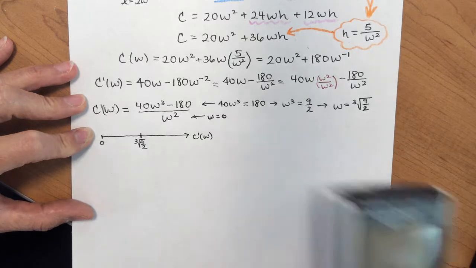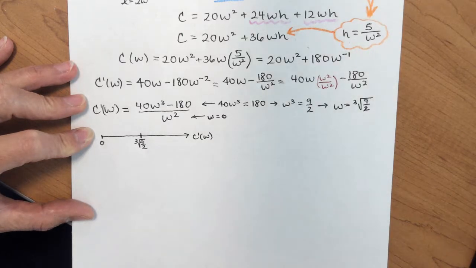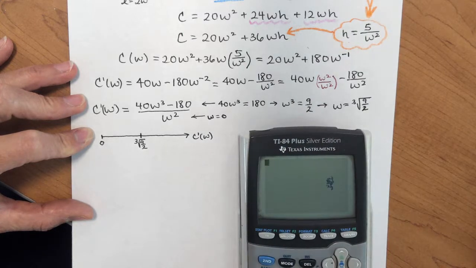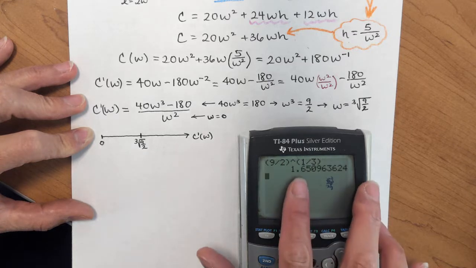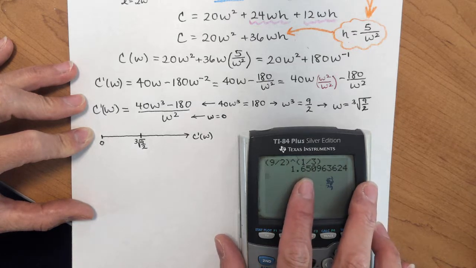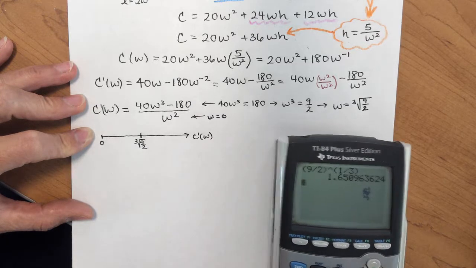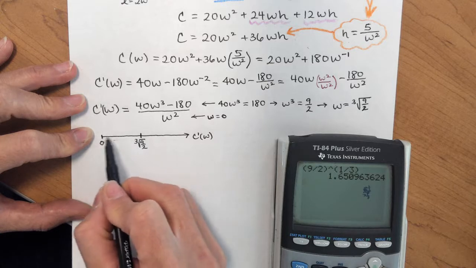So, okay, I'm going to get my calculator out here, and the cube root of 9/2, 9/2 to the 1/3, let me put that in parentheses, is about 1.65. So I know that 1 is in this interval.